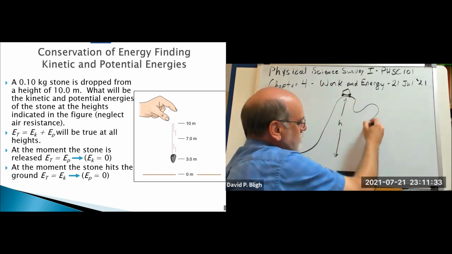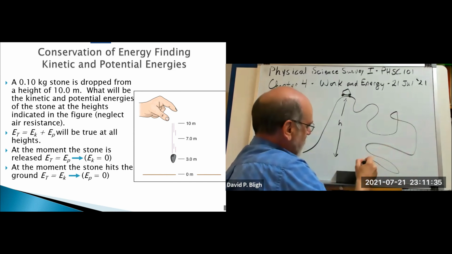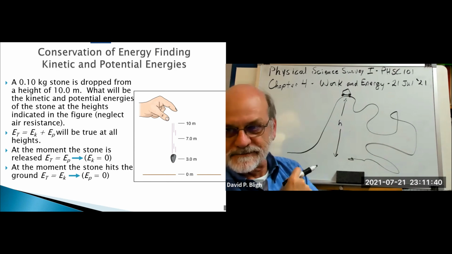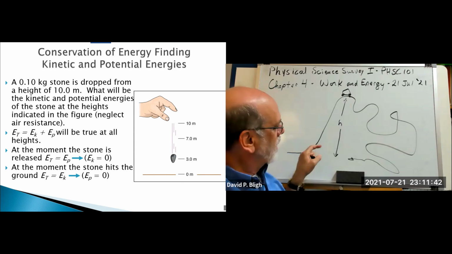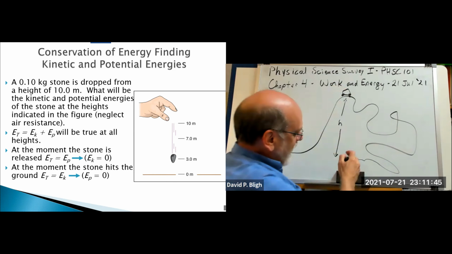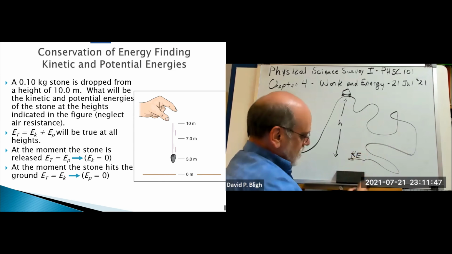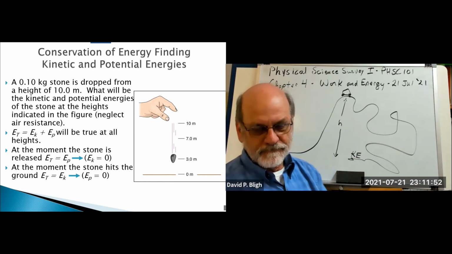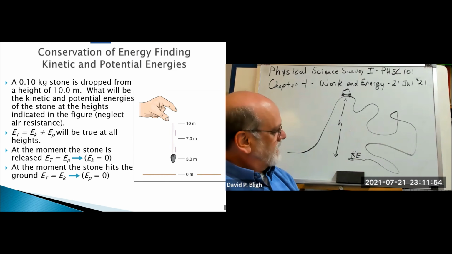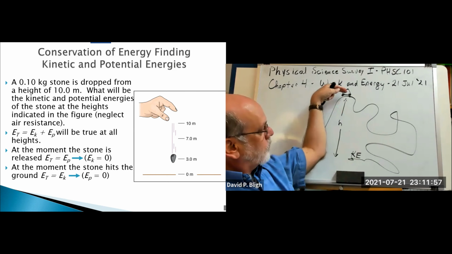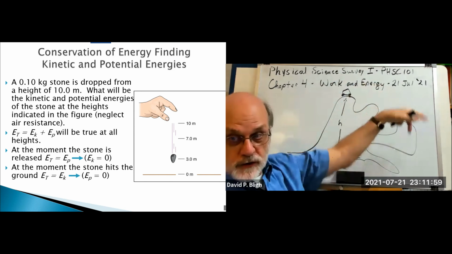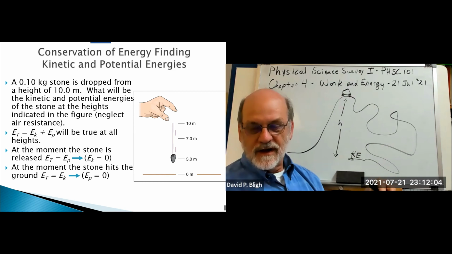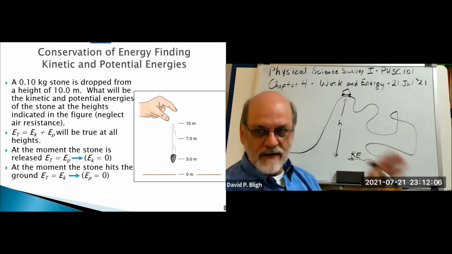Then it goes down, and it goes down, and it goes down, and around, and around, and around. It comes back to this position right here. Okay, all of that energy that was stored here now is kinetic energy at the end, of course minus some friction. But all the energy that was stored up here is used to move the coaster through these different changes in direction and loops and what have you.